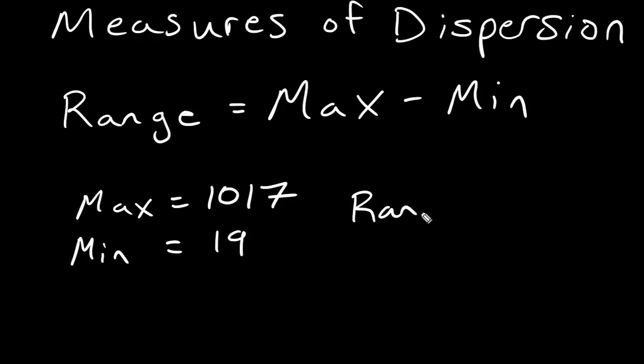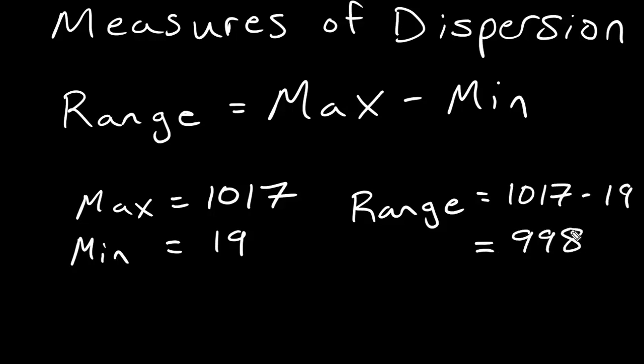So if we were to take the range, right, we would of course do 1017 minus 19, which would give us 998. All right, so that's telling us that the smallest value and the largest value, that's how far apart they are, right? The larger that number, the more dispersion, the more spread out our data is, right?